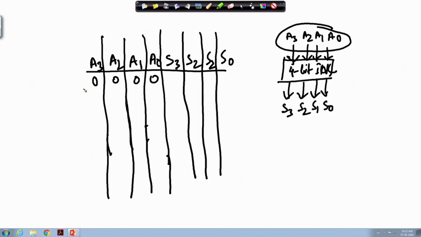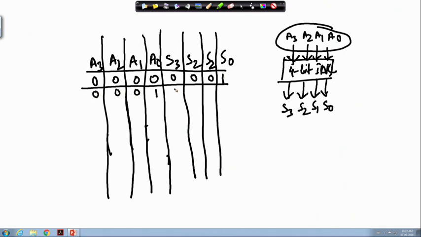For 0 0 0 0, the output will be 0 0 0 1. Then for 0 0 0 1, it will be 0 0 1 0. For 2 it will be 3, for 3 it will be 4, for 4 it will be 5. So it is just an increment by 1.